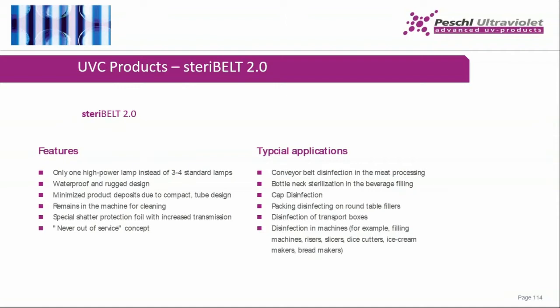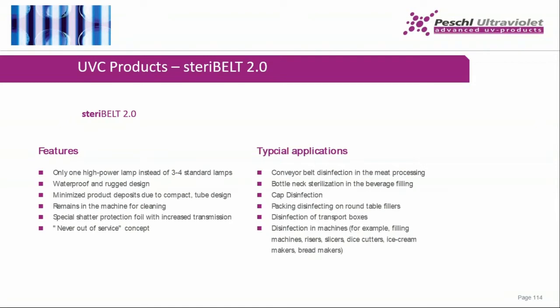Yes, a special splinter protection foil with increased transmission. What do we mean with that? If you use glass inside a production, you need a special foil or splinter protection to protect your company and the production. You cannot use it without the special foil. But with our experience, we created a special foil that does not have such a high transmission loss. A transmission loss is the loss of transparency for UV radiation.